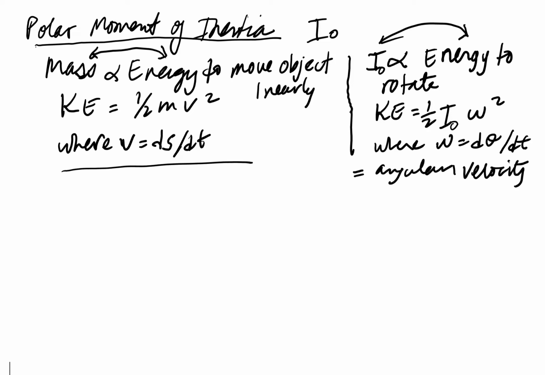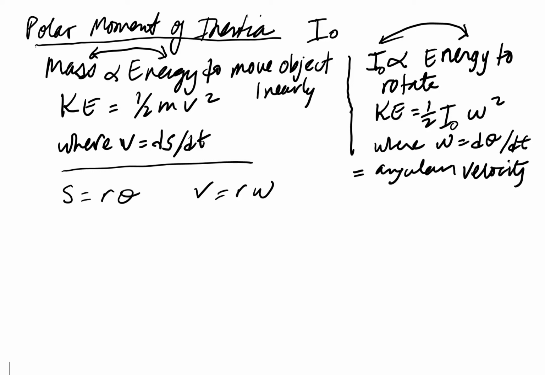Now, one thing to note is that when we convert between linear and rotational, just as s is equal to r theta, we can also say that v is equal to r omega.